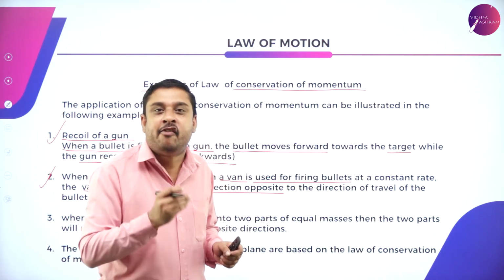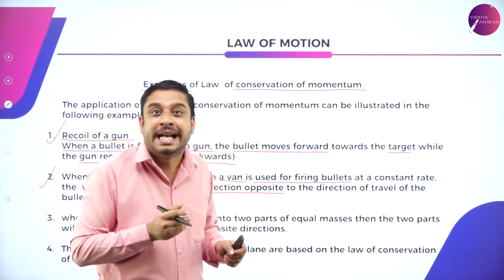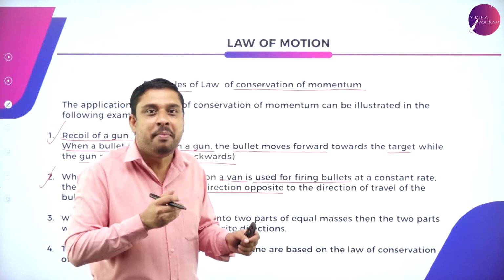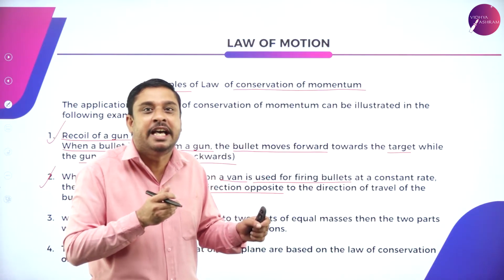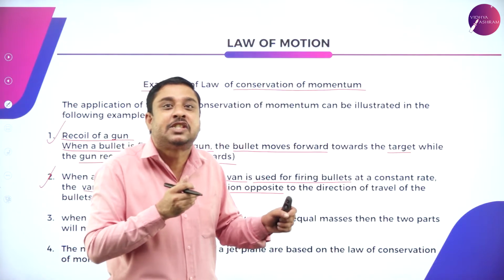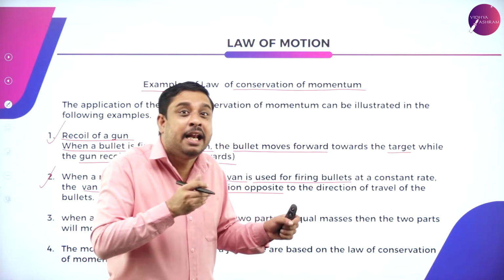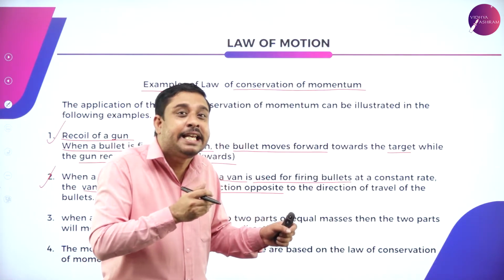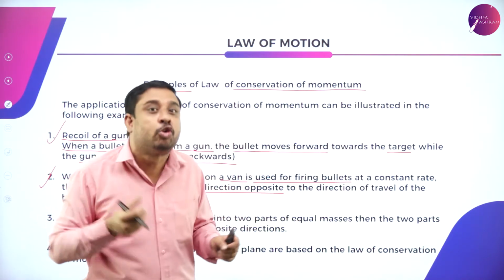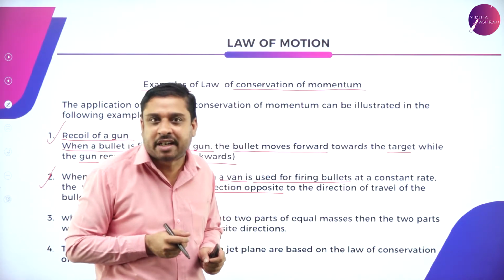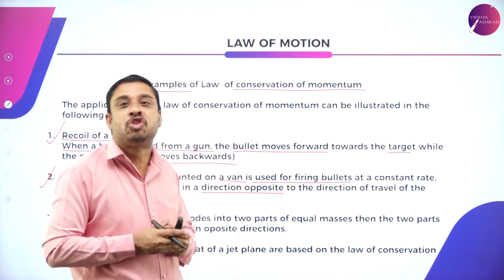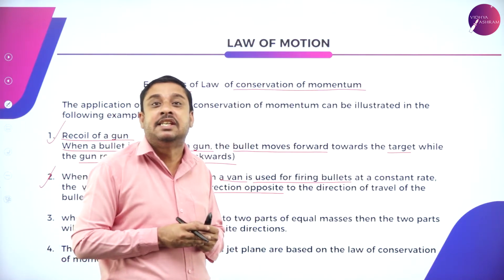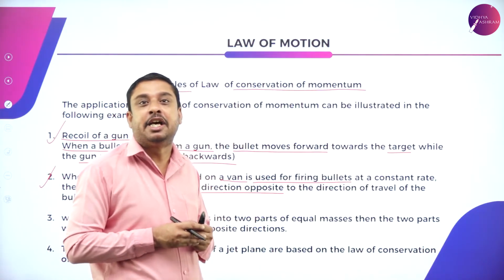You see, films related to wars, tanks, the moment the armature is fired, the vehicle moves in a direction opposite to travel of the armature. This is essentially for the conservation of linear momentum.